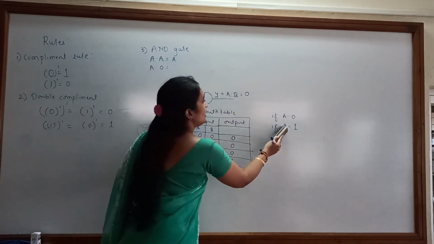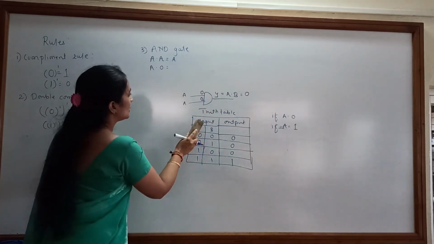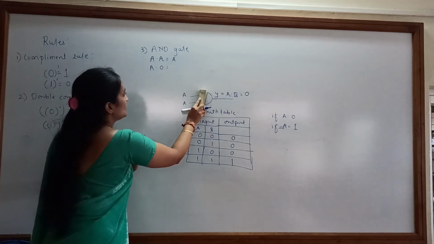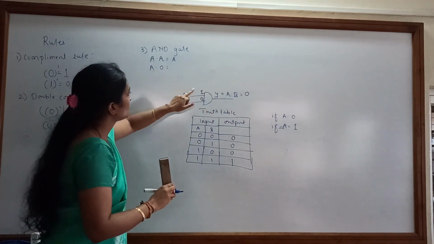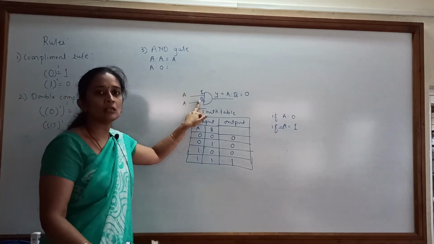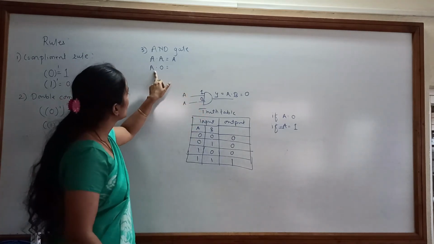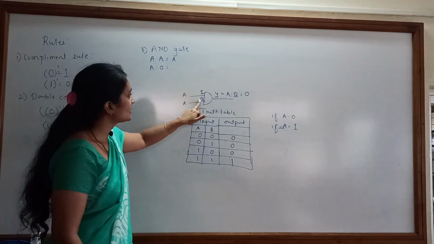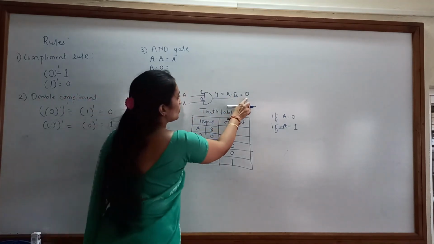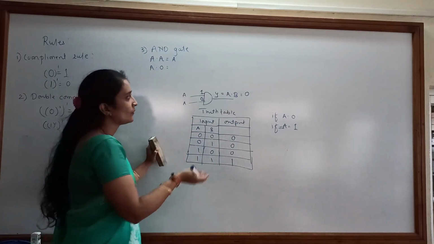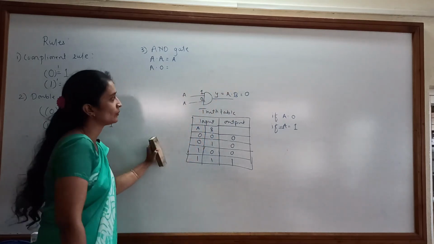If we take A is equal to 1, I will write here A is equal to 1. 1 into 0. Second is we have taken permanent 0. If A is equal to 1 and second is 0. 1 into 0. What is the answer? 0. Means in this case also we are getting answer 0.